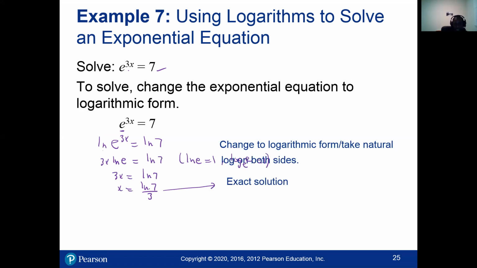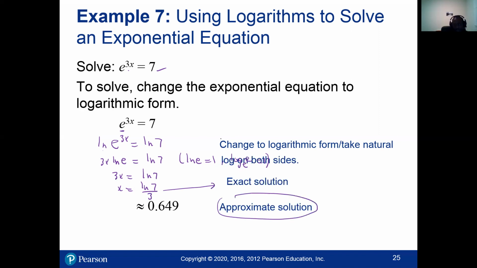To approximate it, use your calculator: natural log of 7, then the result divided by 3, and that will be approximately 0.649. So this is called the approximate solution.